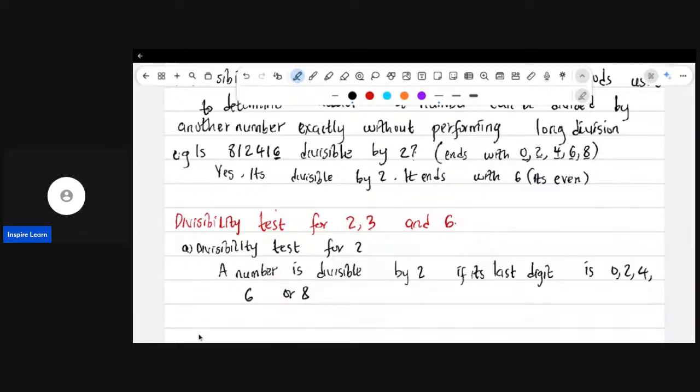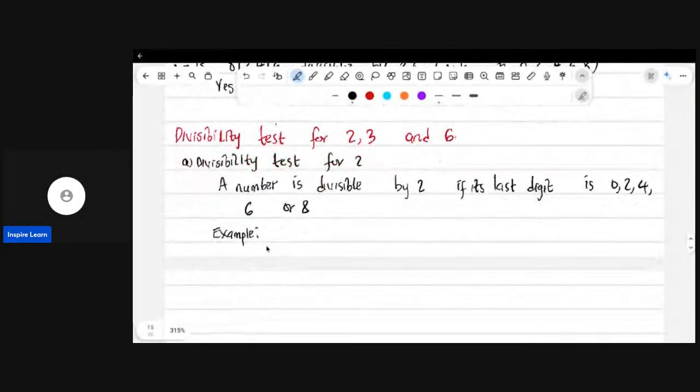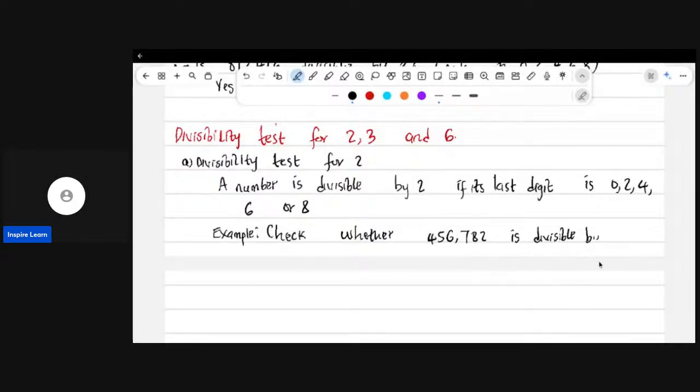For example, if you're asked to check whether 456,782 is divisible by 2, this question is not asking you to take 456,782 and start dividing by 2.